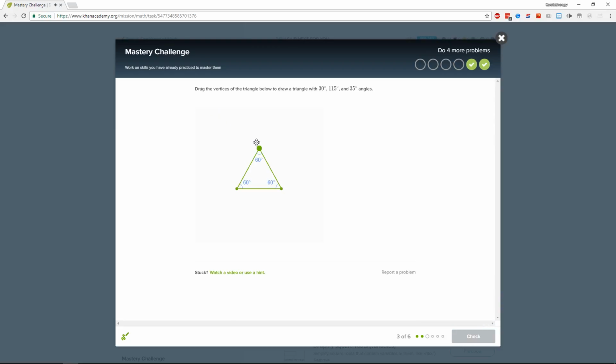Drag the vertices to draw a triangle with 30, 30, 35. There we go.